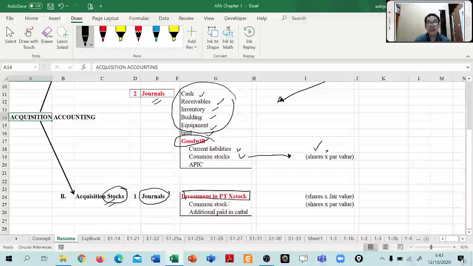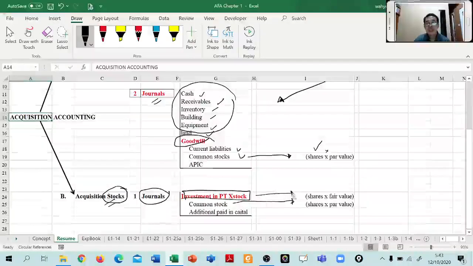Common stock again comes from shares times par value, and investment in PT X comes from shares times fair value.